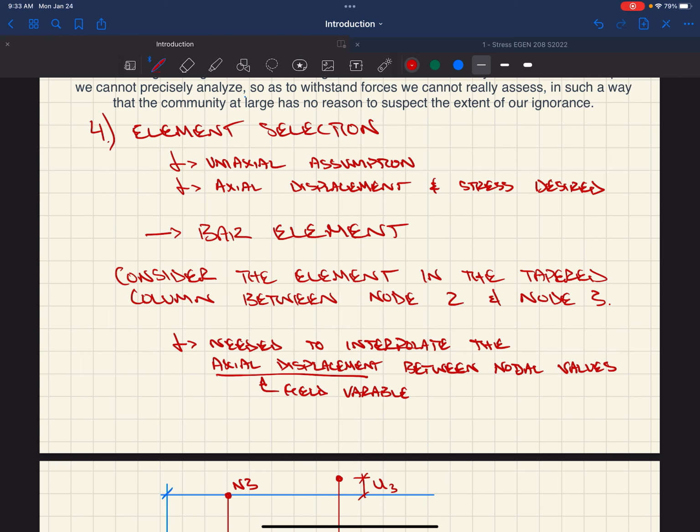You have an element that's connected between nodes. These nodes have degrees of freedom, right? The ability to move. And then we assume, based on the derivation of the element, how that field variable, or those degrees of freedom, change as we go from one node to the next. So let's go through the derivation of one of these, okay?